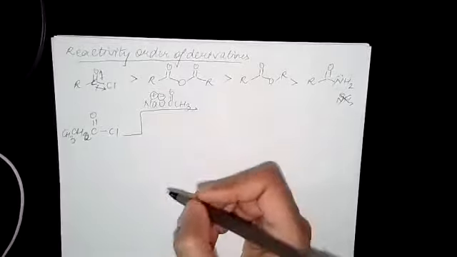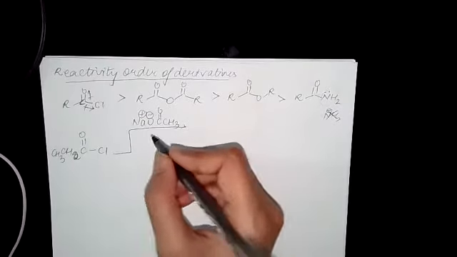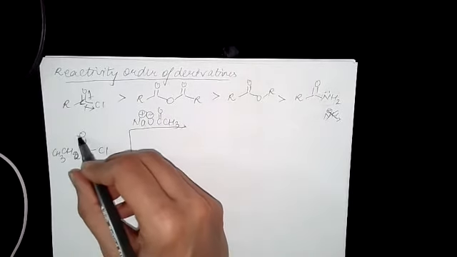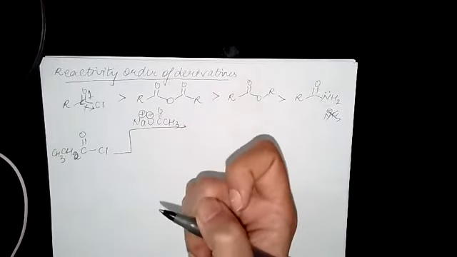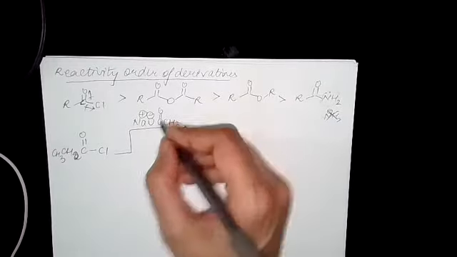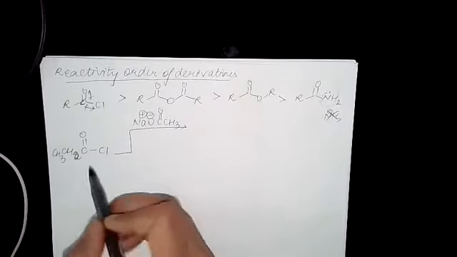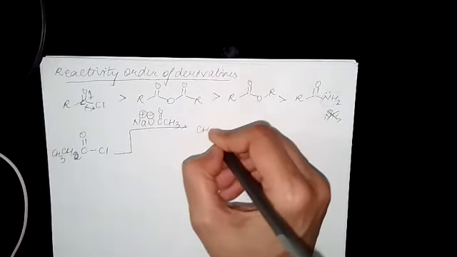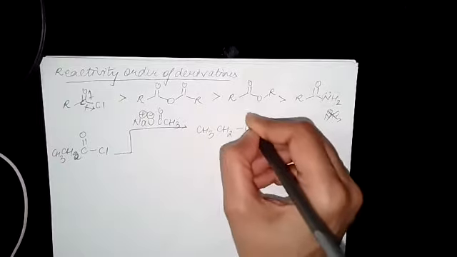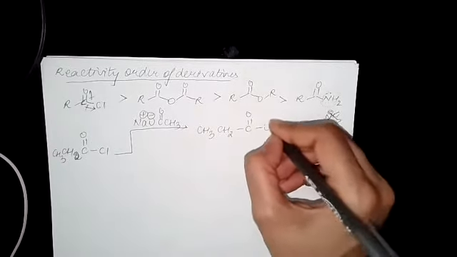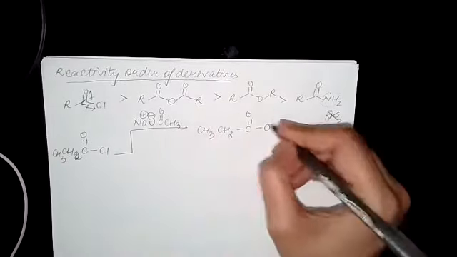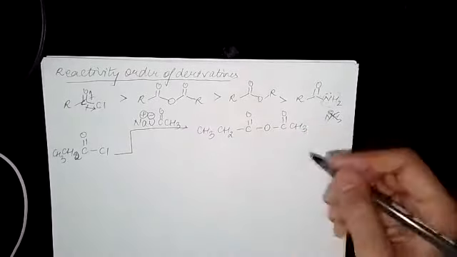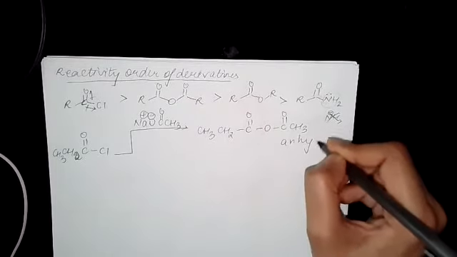With a molecule like this, I'm going to get this oxygen to attack right here. The carbonyl will open up, and then followed by regeneration of the carbonyl kicking out the chlorine, I will get a product like this. What is this functional group? It's an anhydride.